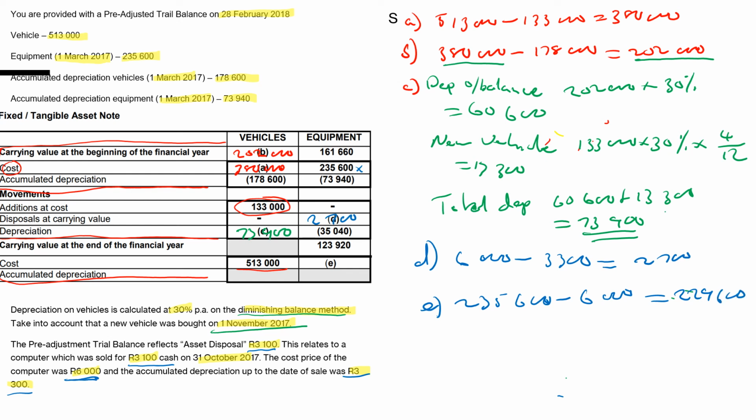So here you have 229,600. So that's how you can basically calculate.